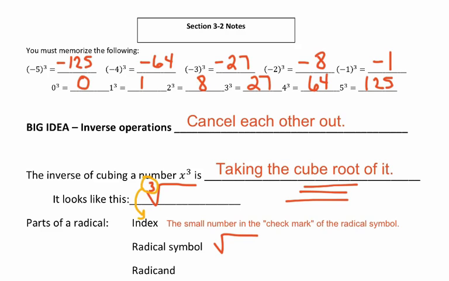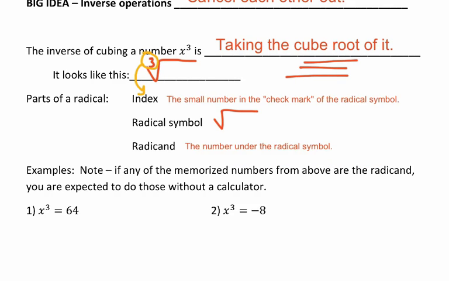And you already know that the radicand is the number underneath the radical symbol. So if I put an x in there, the radicand would be the x, the number underneath the radical symbol.